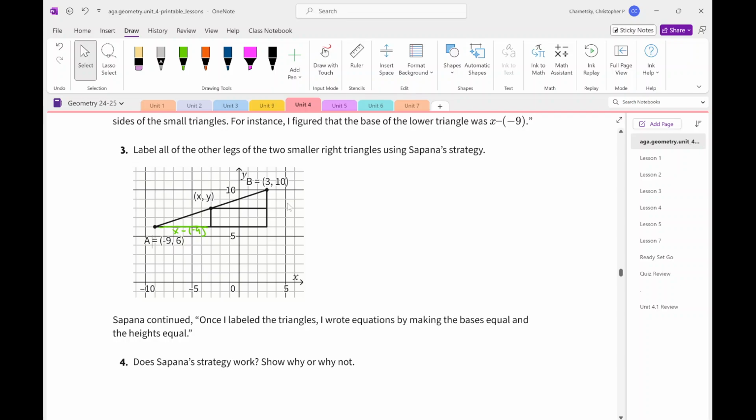Basically the distance here, she's taking from this x to this coordinate here, and she's saying that's the distance. And then she's saying probably that this base here is also, you do a similar strategy.